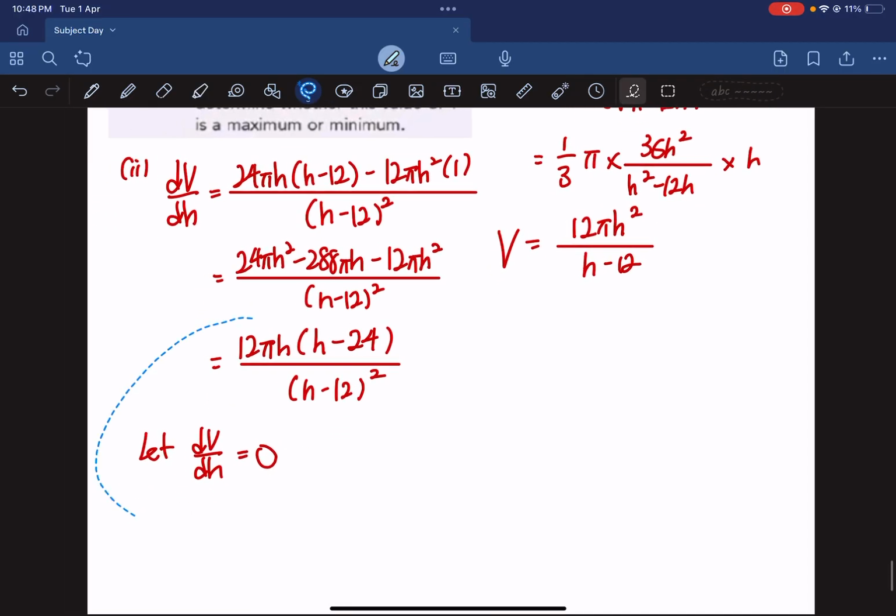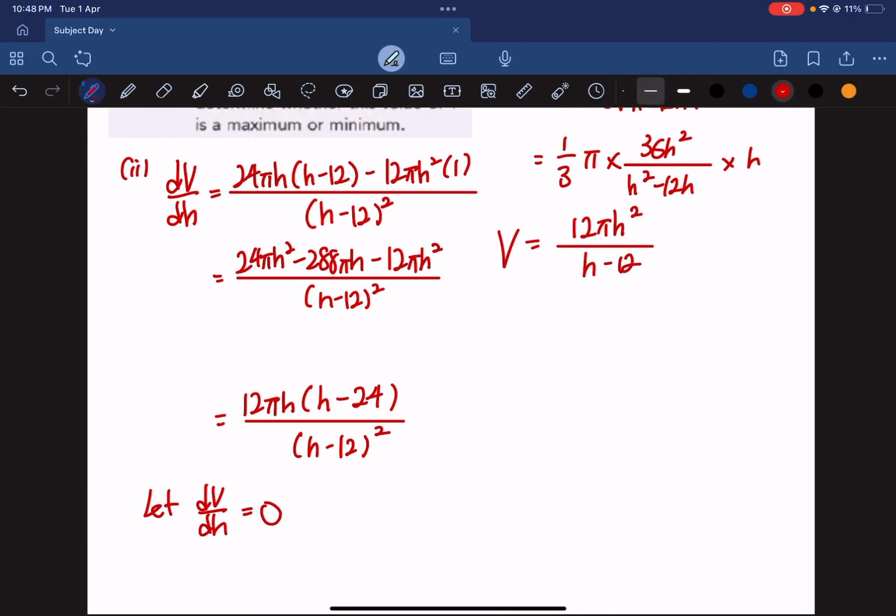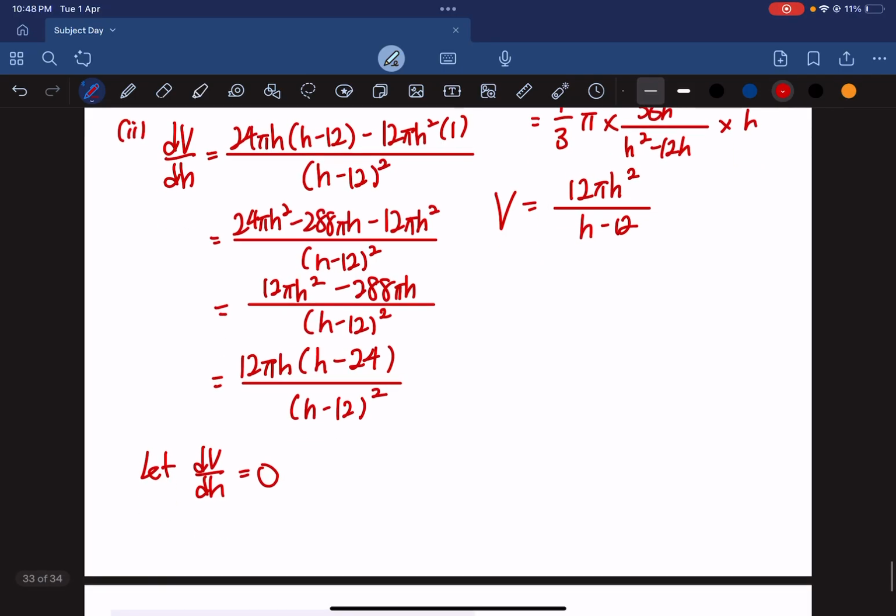Then I can simplify and factorize. This is equal to 12 pi h squared minus 288 pi h. Yep, then I factorize out, I should get this expression here.